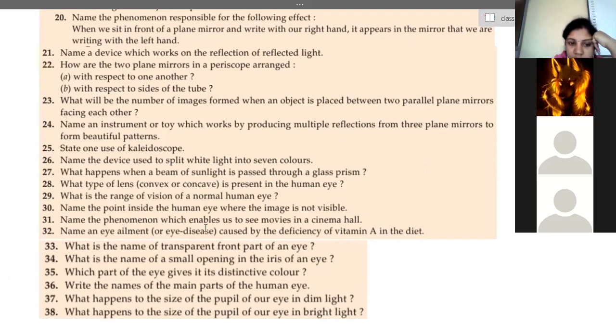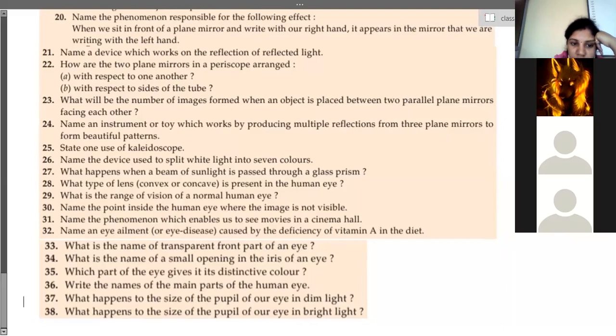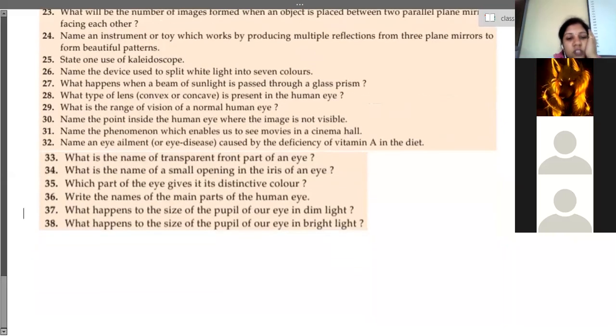Name the eye ailment caused by the deficiency of vitamin A in the diet. Night blindness. What is the name of the transparent front part of the eye? Cornea. What is the name of the small opening in the iris?